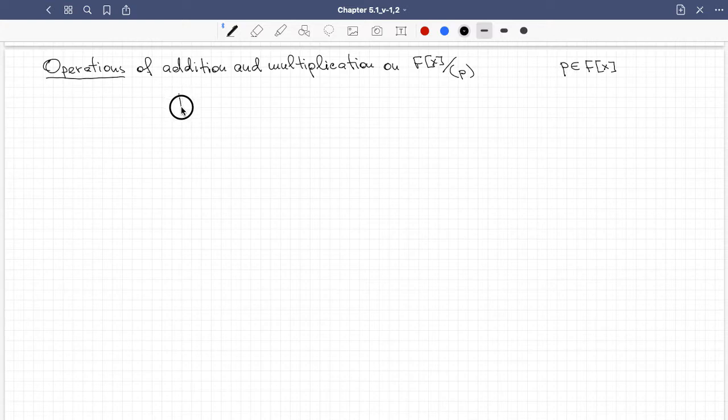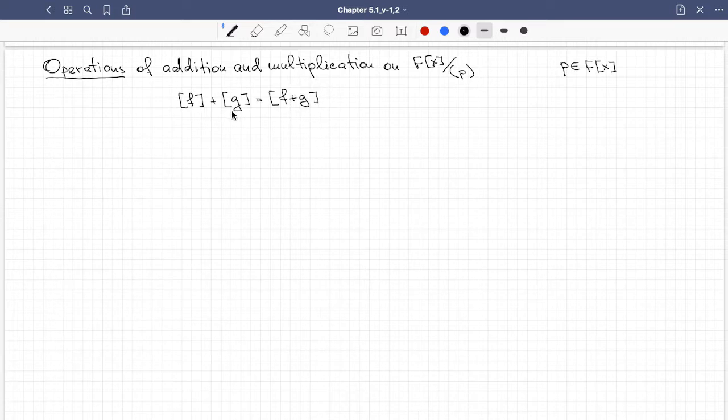Namely, we write that [f] plus [g], where [f] is the equivalence class modulo the congruence relation which contains f, f is a representative of its class, will be defined as the equivalence class of the sum of polynomials f and g.